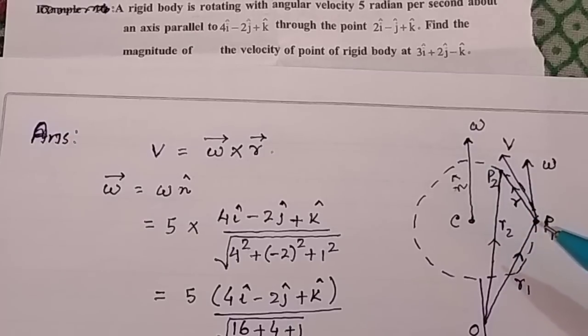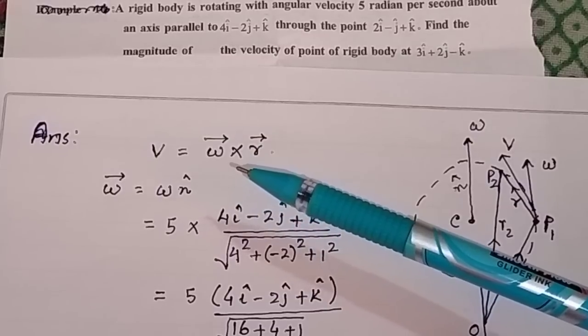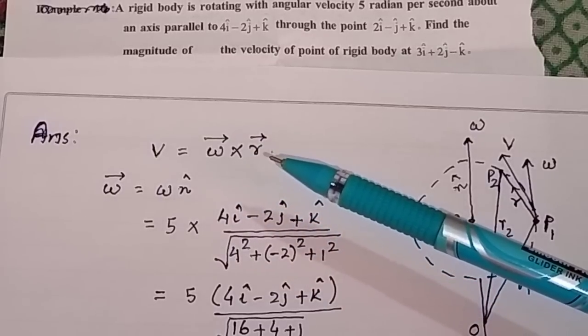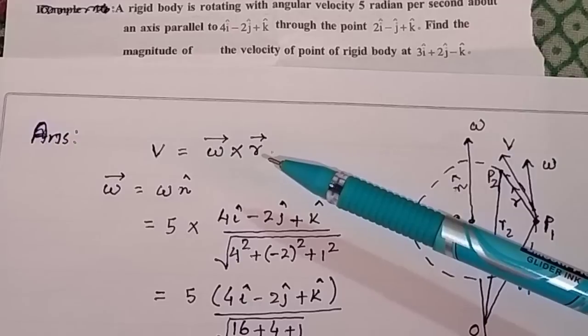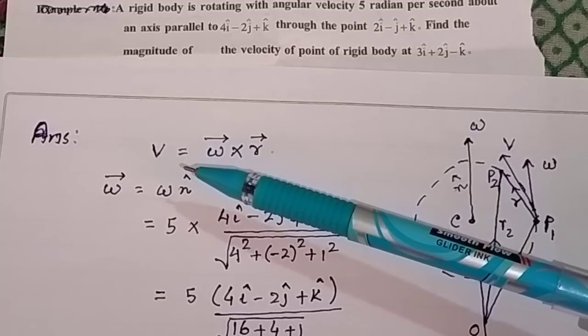Then you can find the difference between the two vectors, r2 minus r1, which will give you the r vector. If you find the r vector and take the cross product of the angular velocity with this displacement vector, then you can find out the velocity.